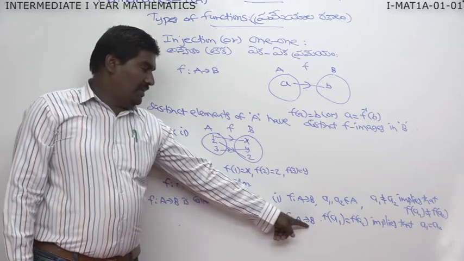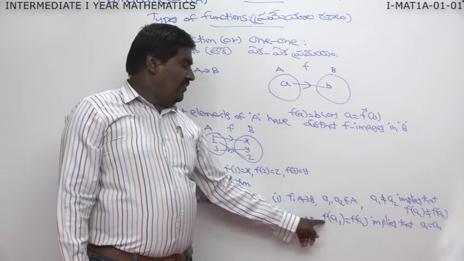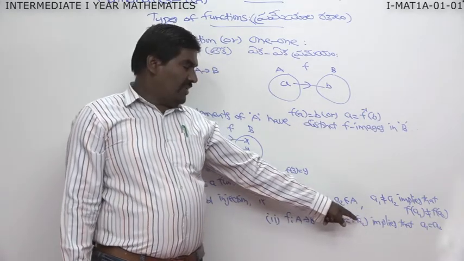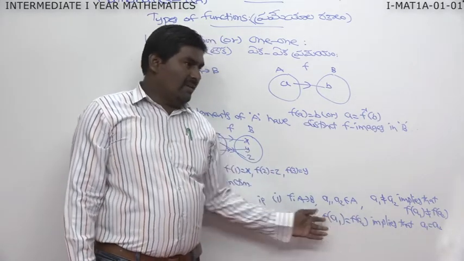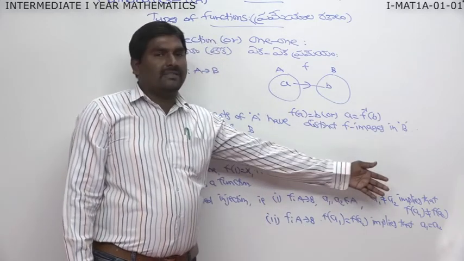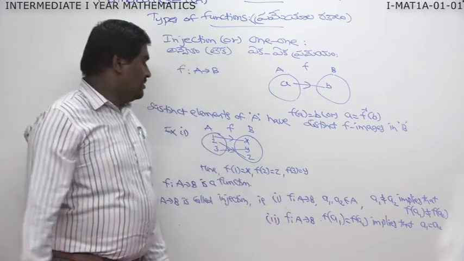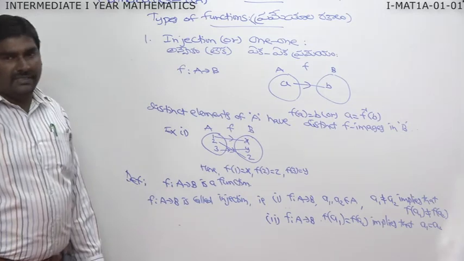If two elements are having the same image, then the two elements must be equal. It is the concept of injection.